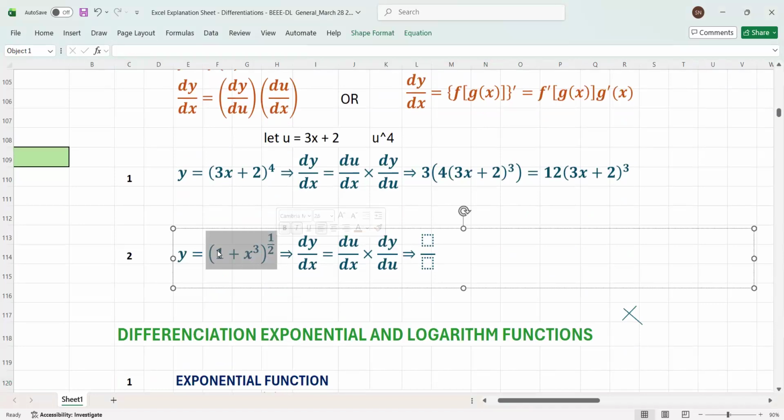If I differentiate the function with respect to the power, again, I don't know why I have half here. If I differentiate the function with respect to the power, I'm going to get half coming to multiply. And then the original function will reduce by 1. So I will get 1 plus x raised to the power 3.